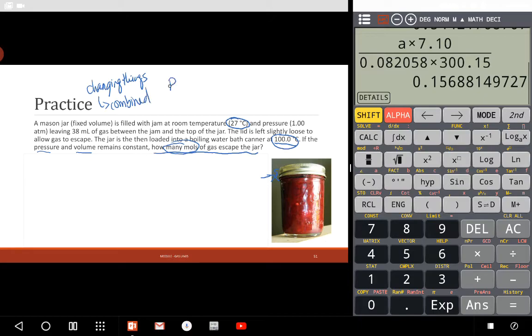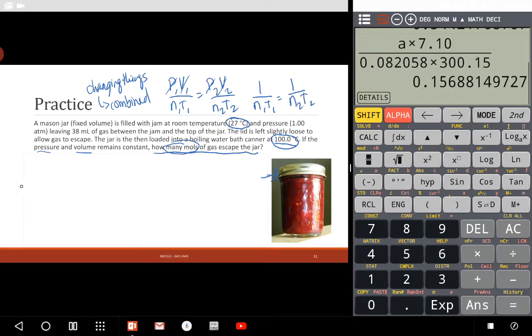And so that is P1V1 over N1T1 is equal to P2V2 over N2T2. It says that pressure is constant, and it says that volume is constant. So that means I'm left with 1 over N1T1 is equal to 1 over N2T2.